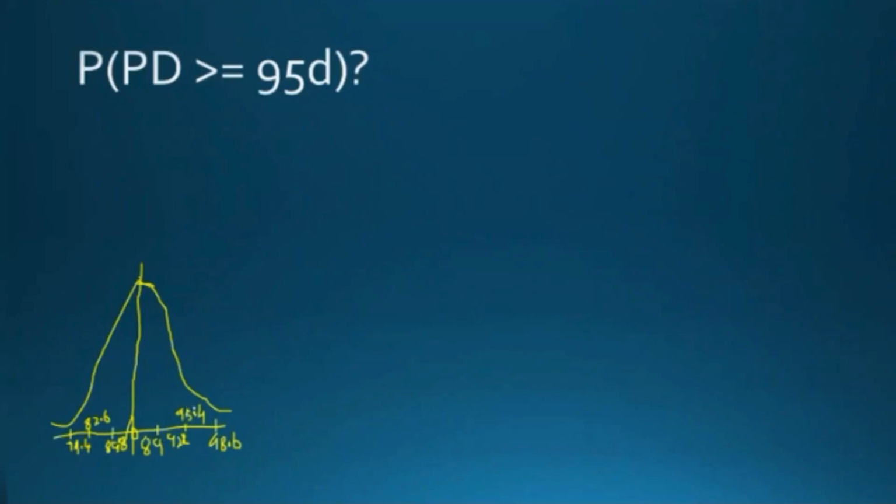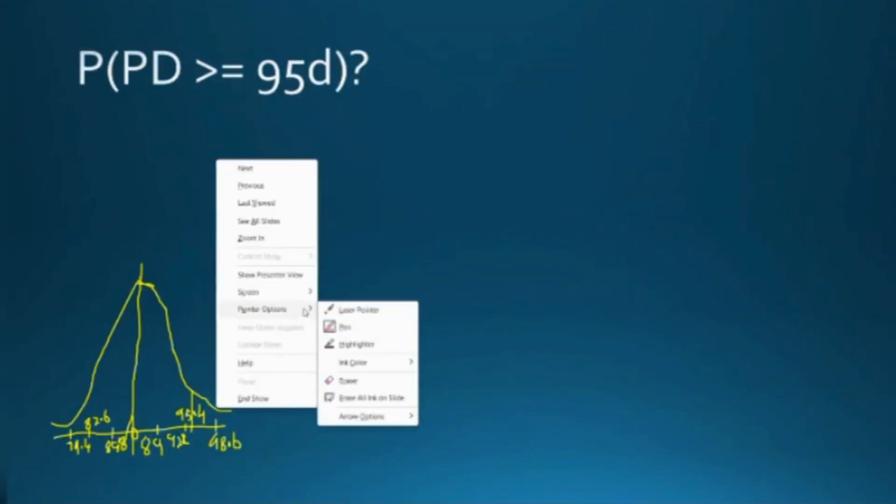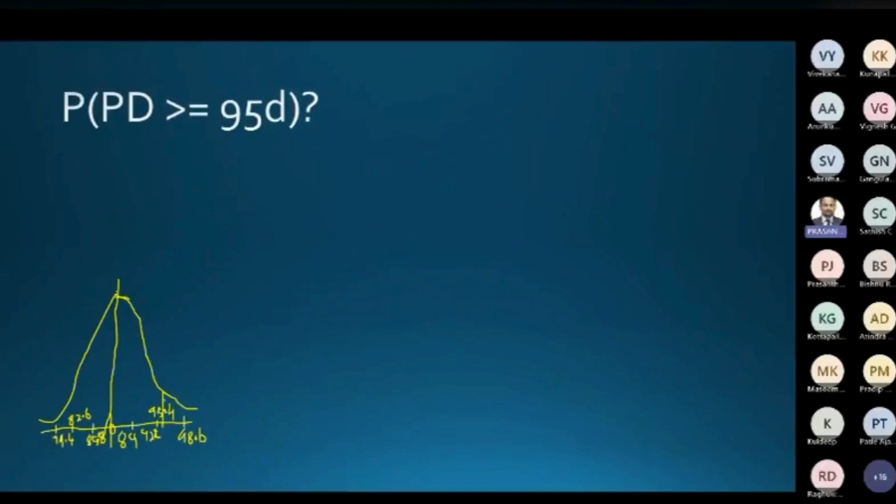Now 95 is here. What is asked in the question? Probability of project duration greater than or equal to 95. My boundary is here. 95 is almost at 2 sigma, 95.4.